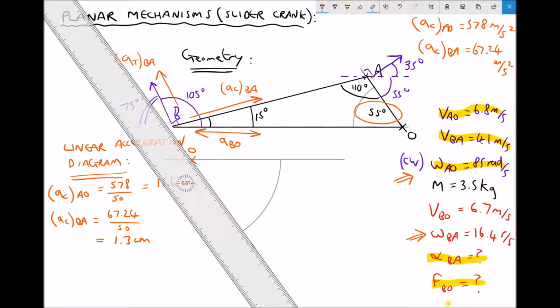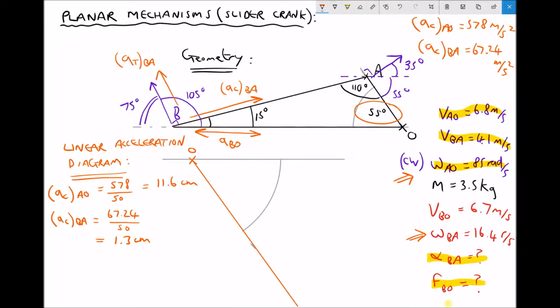So from my index mark, I need to go 1, 2, 3, 4, 5, 6, 7, 8, 9, 10, 11.6, which just about fits on my page. And that line there represents the centripetal acceleration of the link AO.